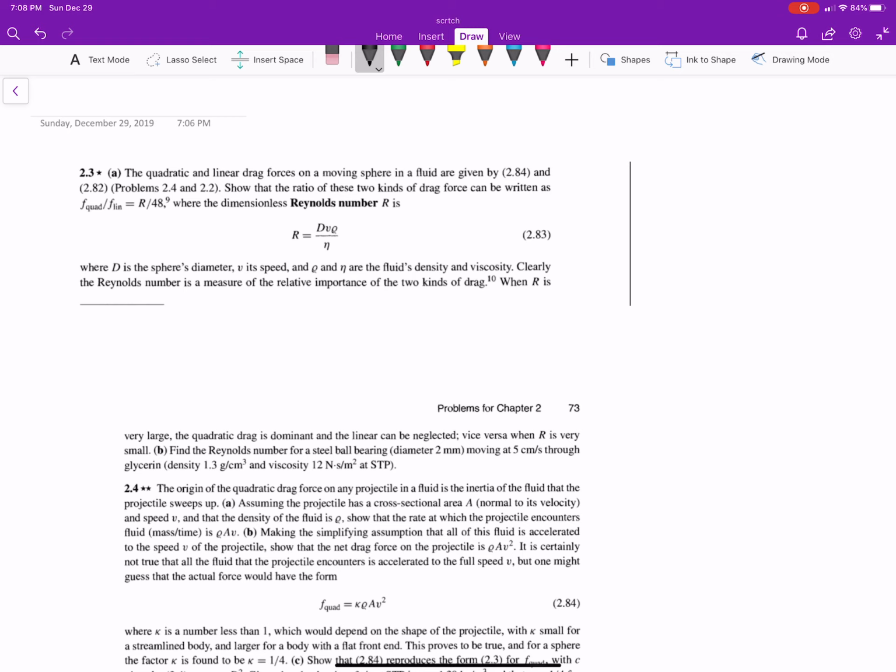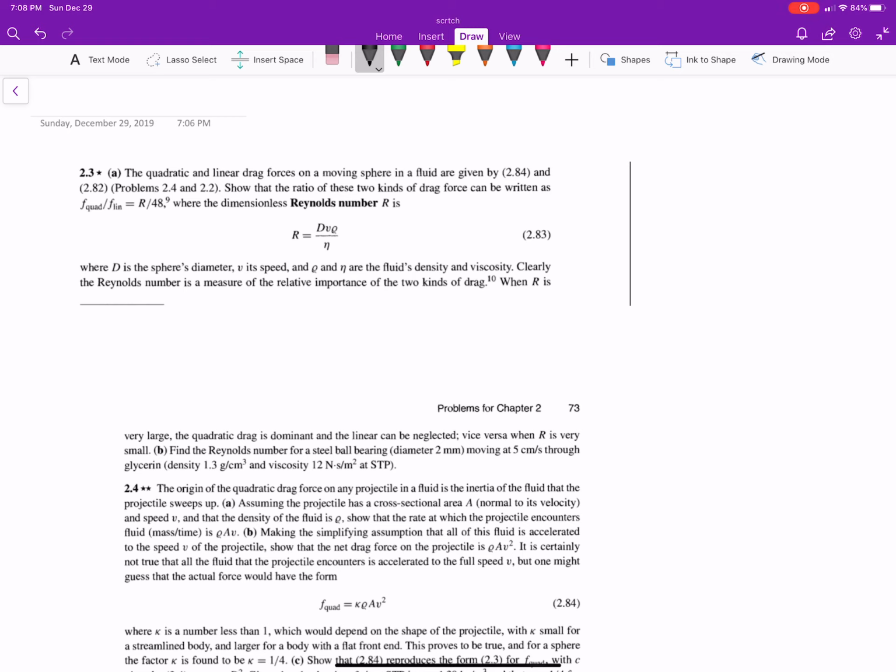So question 3 in chapter 2 says the quadratic and linear force of a moving sphere in a fluid are given by 2.84 and 2.82. Show that the ratio of these two kinds of drag force can be written as F quad over F ln equals R over 48. We talked about R a little bit.